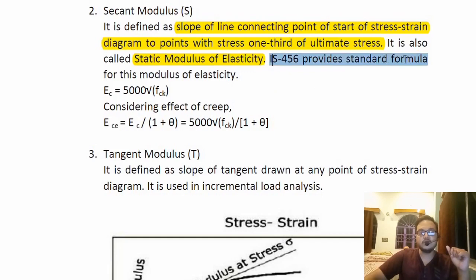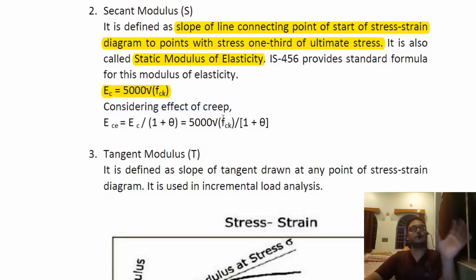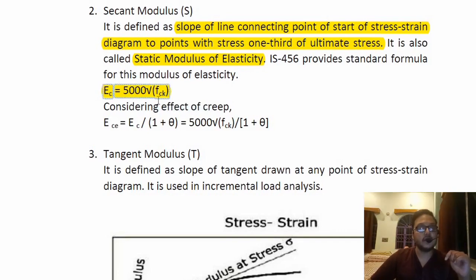IS 456 provides a standard formula for this modulus of elasticity, given as Ec = 5000 root fck, which gives us the second modulus of elasticity, where fck is the characteristic compressive strength of the concrete.